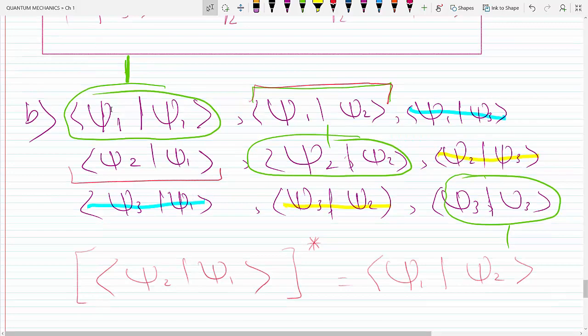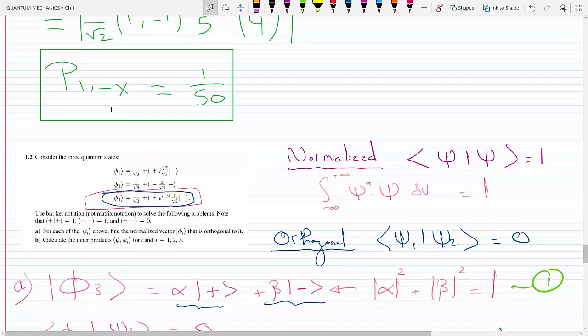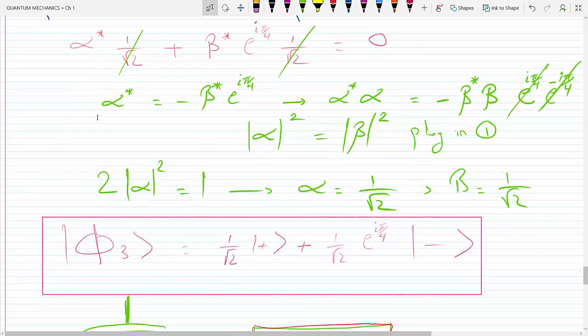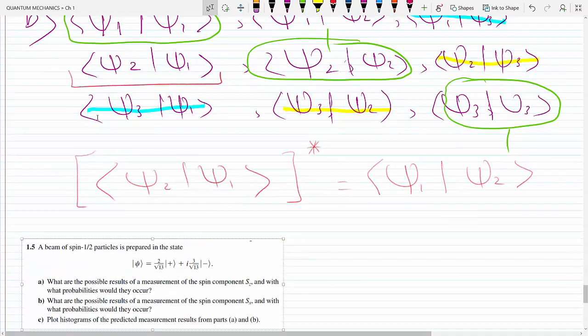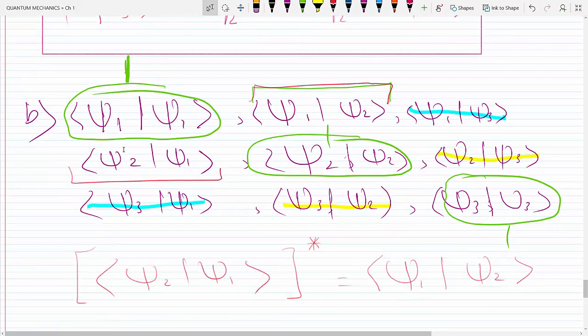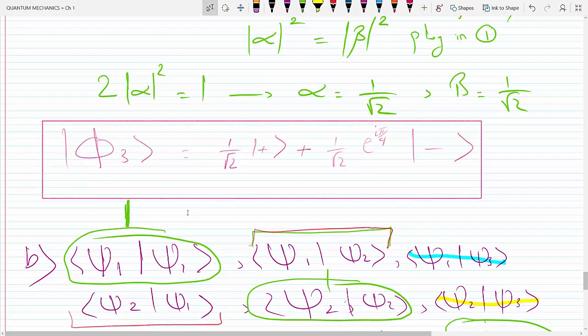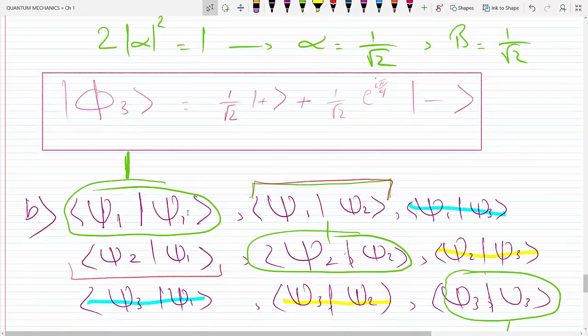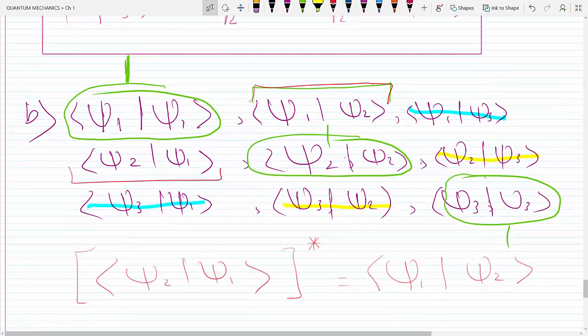Did you have any questions on this problem? You know how to normalize and take inner products now? We kind of did take an inner product on the first question, on part A. That's why I didn't do any of those, but I just wanted to show you that.